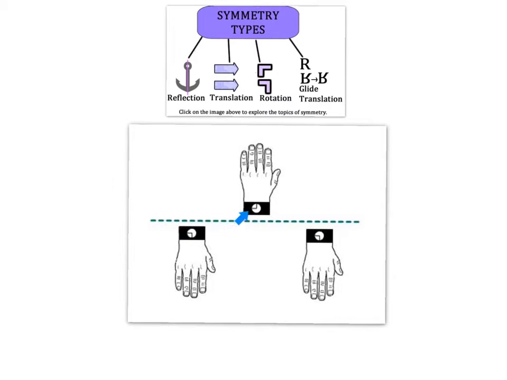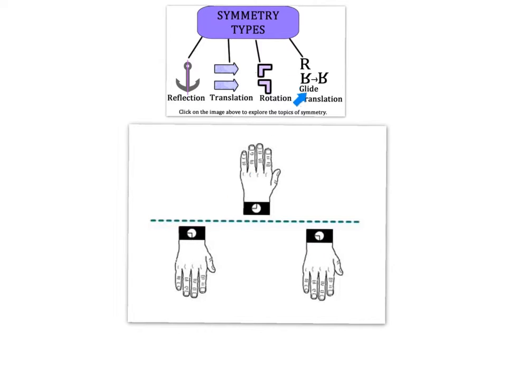In this picture, we can see that the hand has been reflected along this line, but it has then slid over. So it's not just rotated, it is a reflective symmetry with a slide or a translation, so we call that a glide.